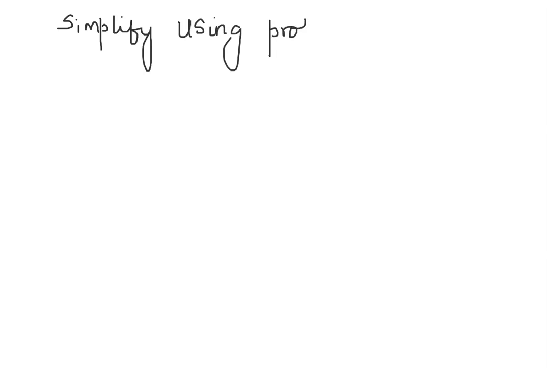So let's take, we have to simplify using properties of logarithms. Okay, so the first one. We have to see what property to apply, the appropriate property for each problem here.